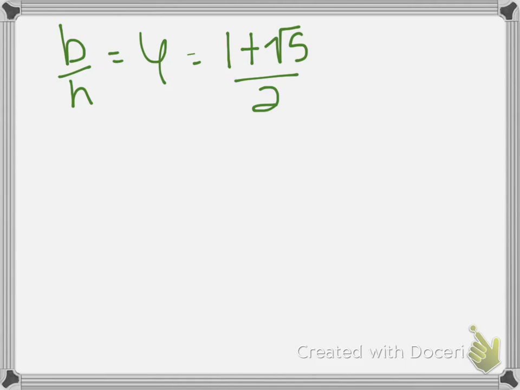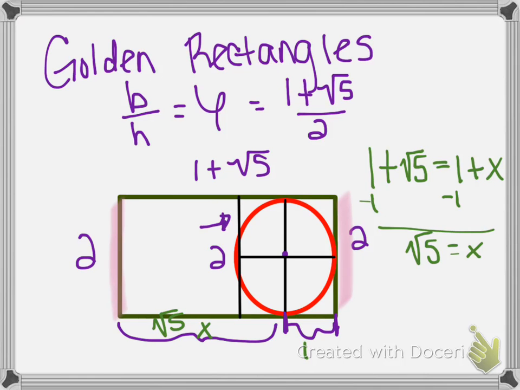If we set those ratios equal and cross multiply, we can see if these two ratios are proportional. Let's first identify whether this smaller rectangle here, in my picture at least it's the smaller one, is a golden rectangle.